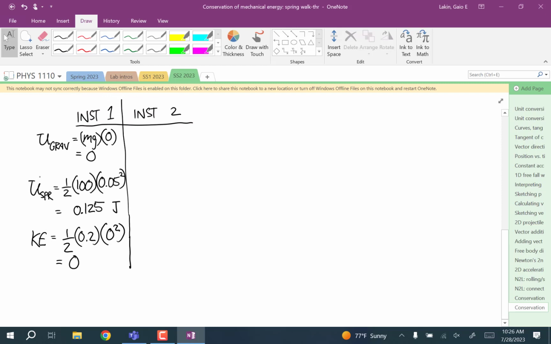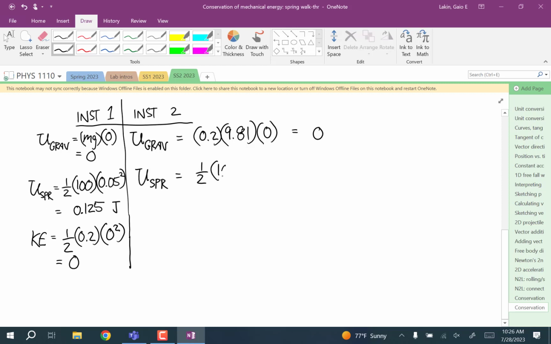Now we have to go through the same thing at instant 2. The gravitational potential energy, I guess this time I'll fill in what m and g are, but we're going to get 0 just the same way. So we have 0.2 times 9.81 times 0, and so this is equal to 0. And now the spring potential energy is 1/2 times 100 times 0.01 squared, because our deviation at instant 2 from the resting position is 1 centimeter.